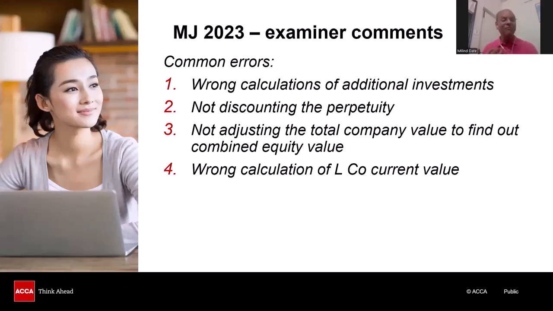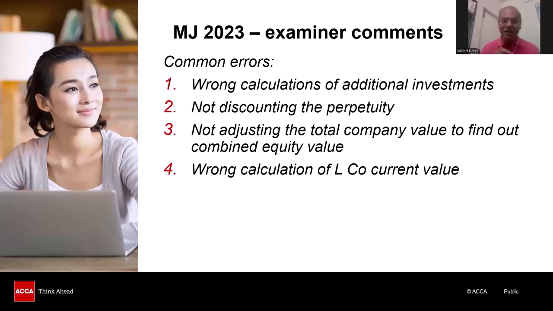So bring that knowledge forward and use it. Not discounting perpetuity. Whatever is there, you just take as it is and discount it to the appropriate year. Not adjusting total company value to find out combined equity value.